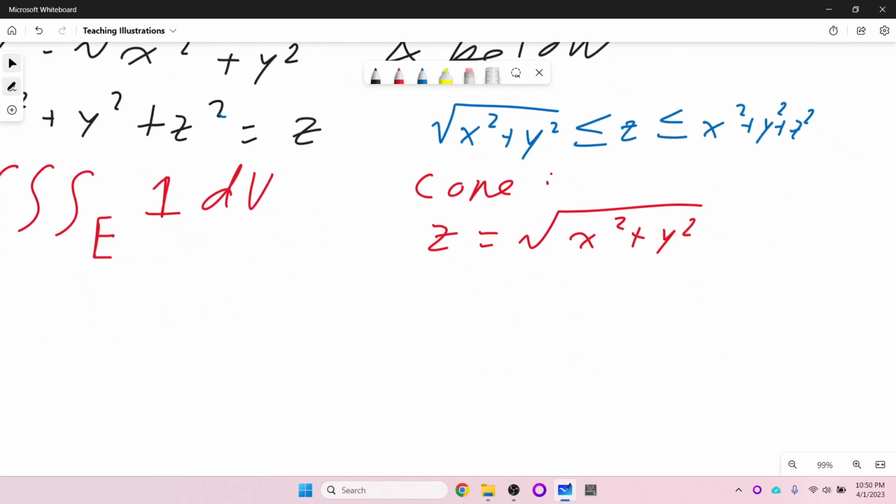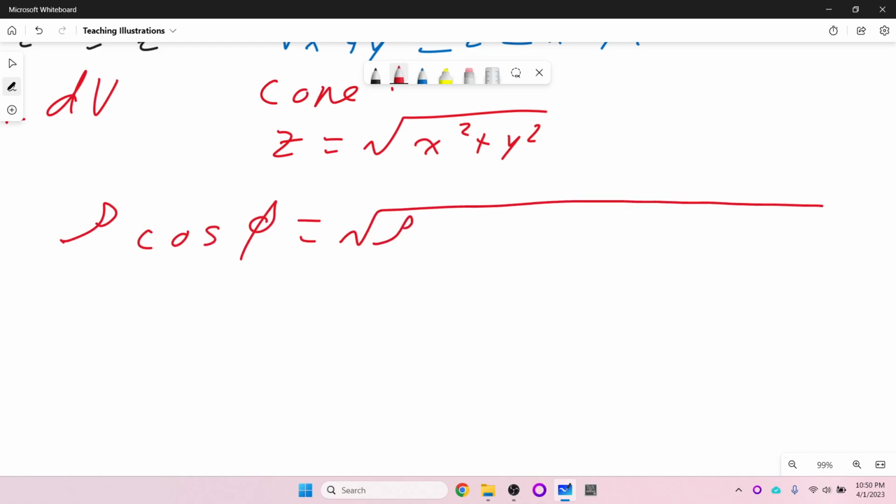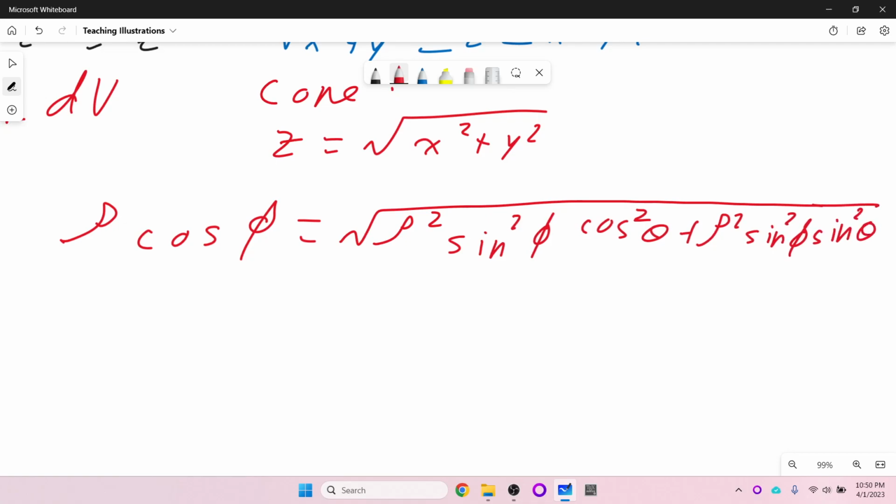So let's instead plug in the formulas for x and y. So we get rho cosine phi equals square root of rho squared sine squared phi cosine squared theta plus rho squared sine squared phi sine squared theta.